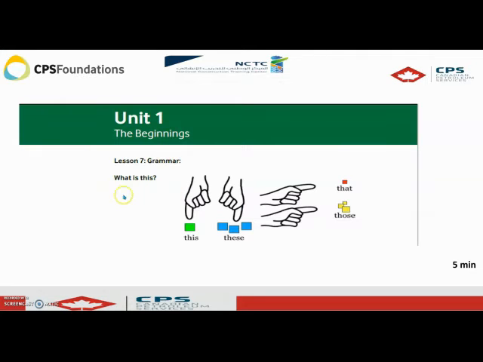The topic of today's lesson, like we said in the objectives, will focus on demonstratives. This, these, that, and those. Objects that are near to you or close to you, and objects that are far from you. This refers to one object.